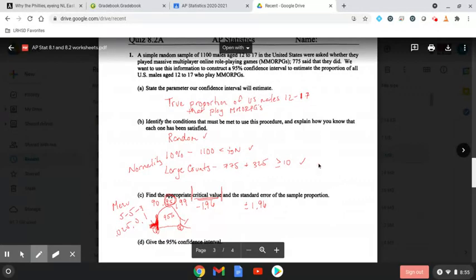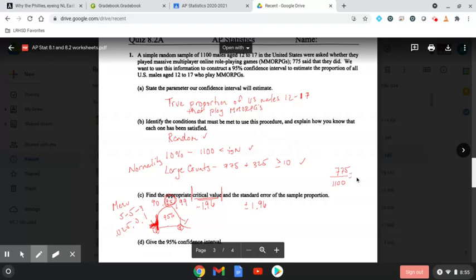Our sample proportion is 775 out of 1100. Which is about 70%, 0.705.